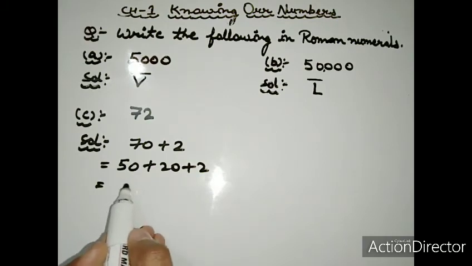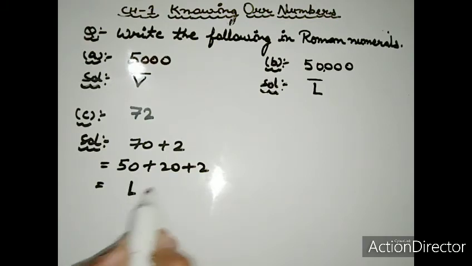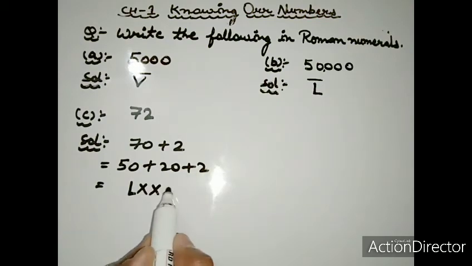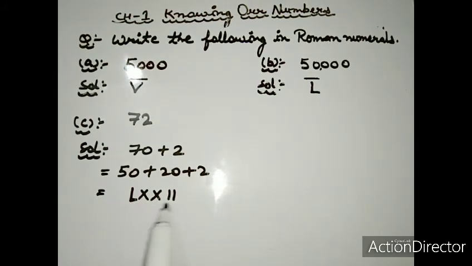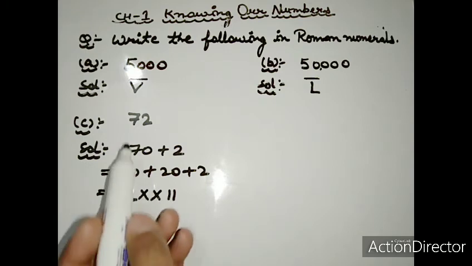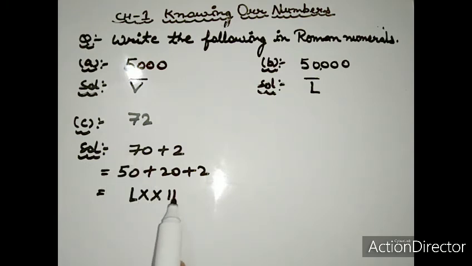Now 50 means L, 20 is 2 times X, and 2 means 2 times I. Then we write 72 by using these symbols L, X, X, I. So the Roman numeral for 72 is LXXI.